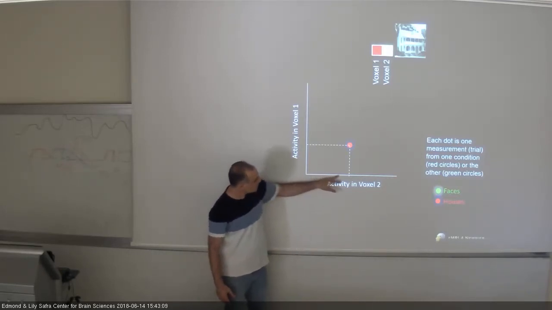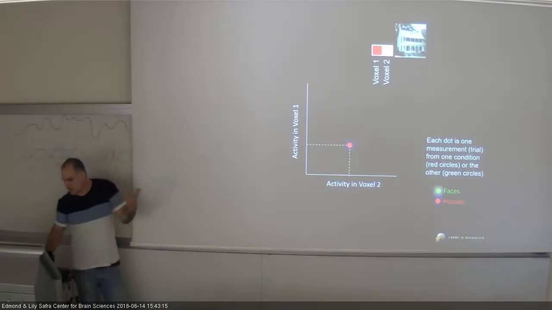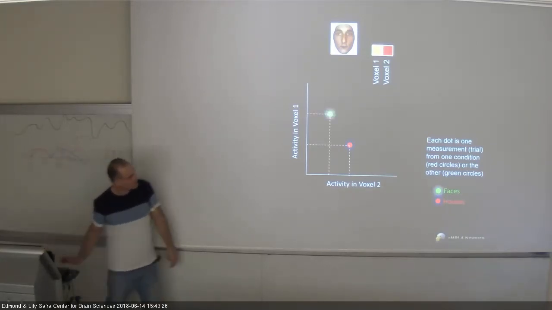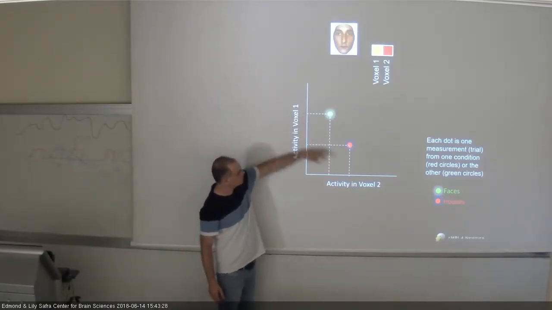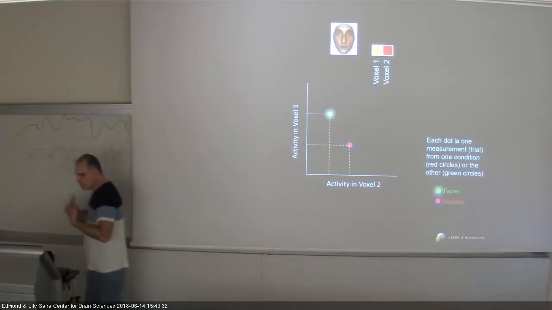You can see that it has pretty high activation in voxel 2 but lower activation in voxel 1, and you tag this as a house. Now you get a face. You have an opposite pattern: high activity in voxel 1, low activity in voxel 2. So in this space, this will be placed here, and again, we tag it.